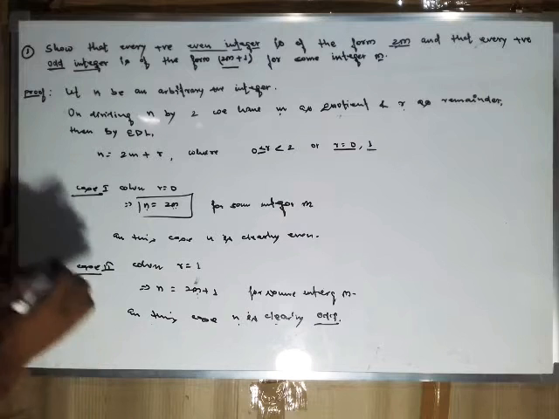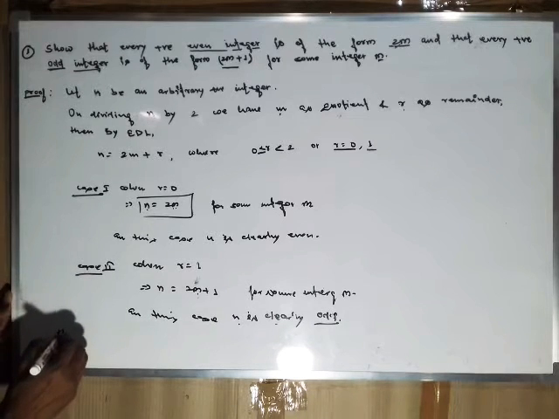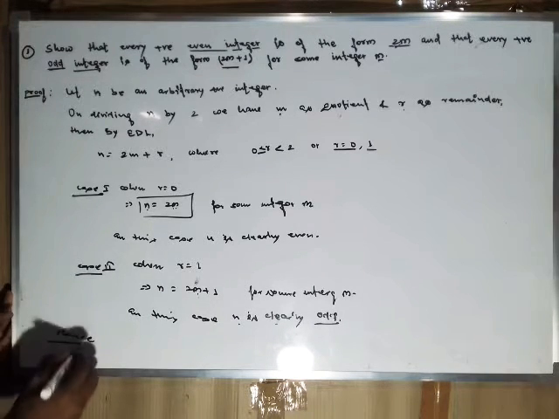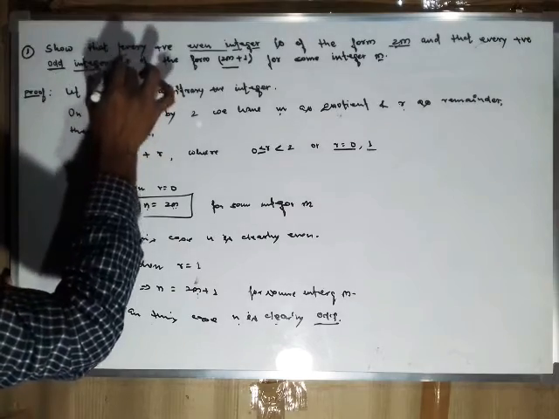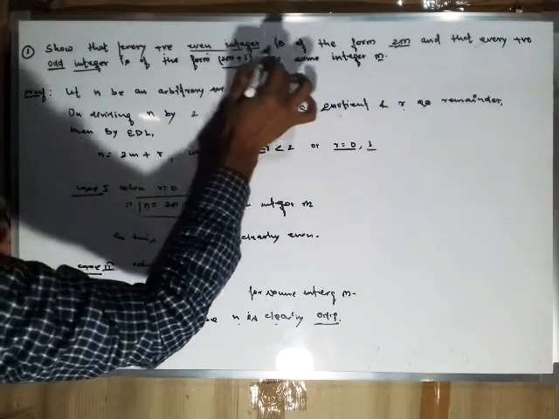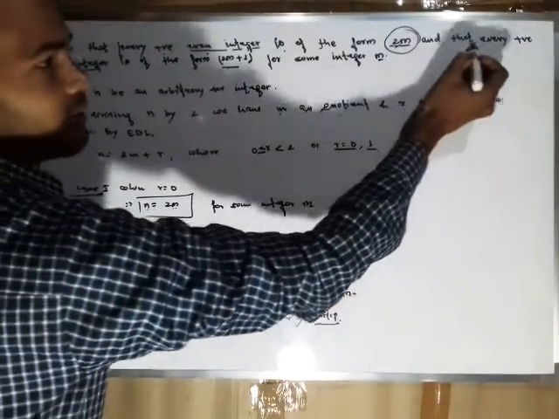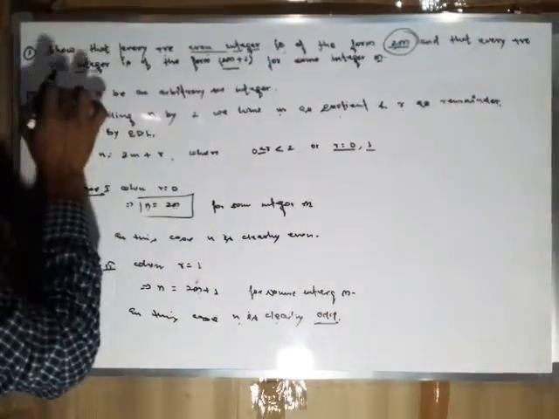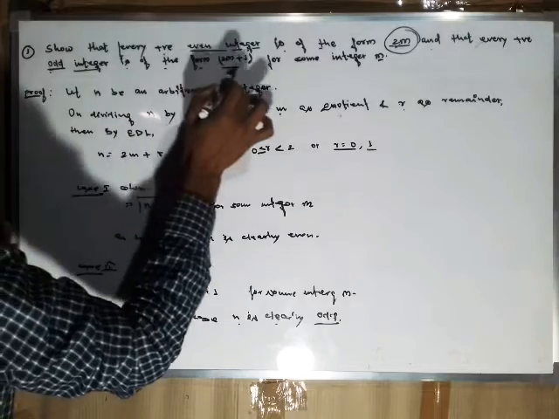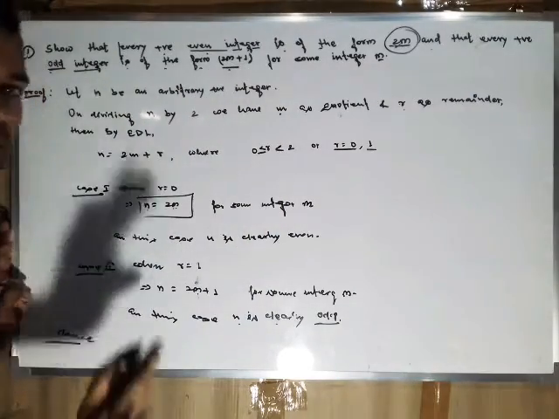Now we can say that, hence, every positive even integer is of the form 2m, and every positive odd integer is of the form 2m plus 1 for some integer m.